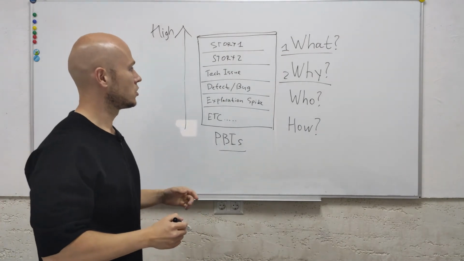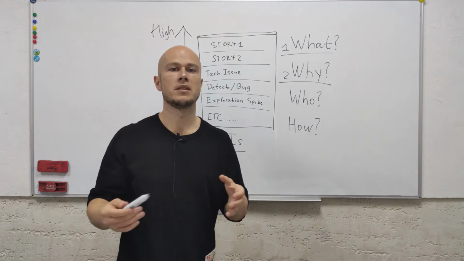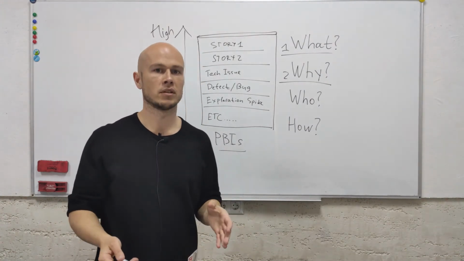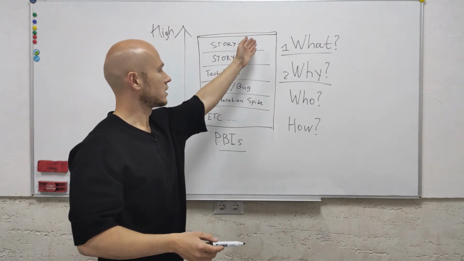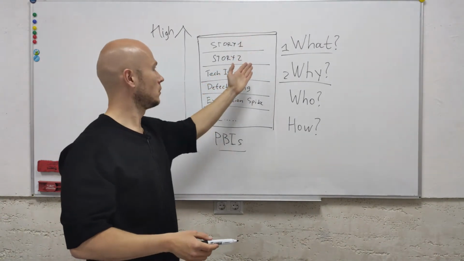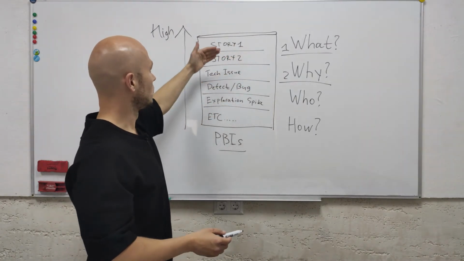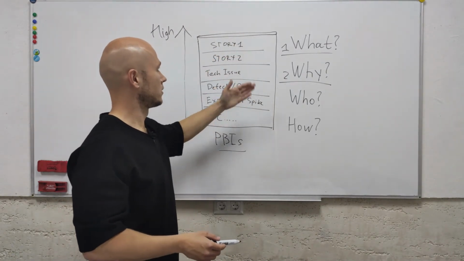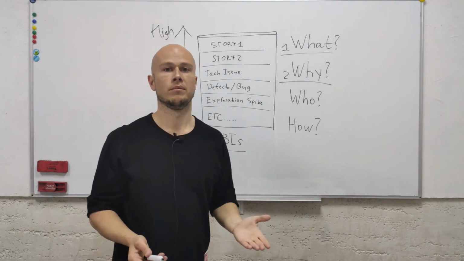This gives understanding to our stakeholders, to our team, to business people who are interested in this product, of what's going to happen next, what exactly will be delivered, and probably when. As long as we know that the most valuable items are on top, we can say that more likely story 1 and story 2 will be done very soon.